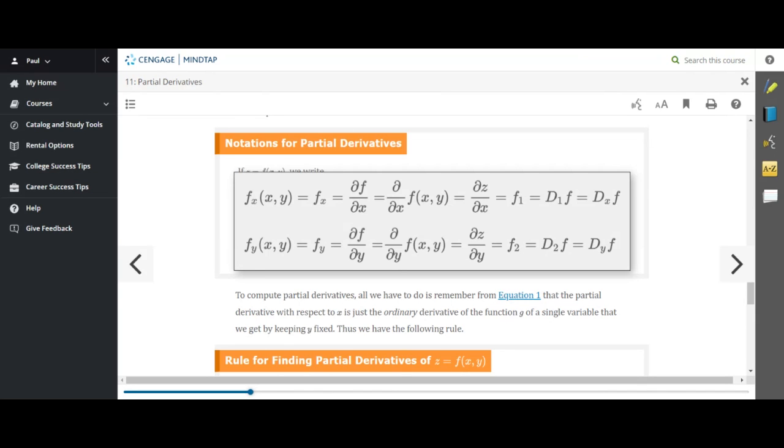So you have Leibniz notation that uses those. Let me just go to the whiteboard here. Okay, so you have this is Newton notation.